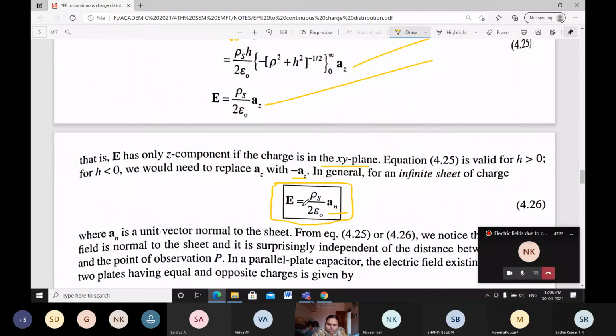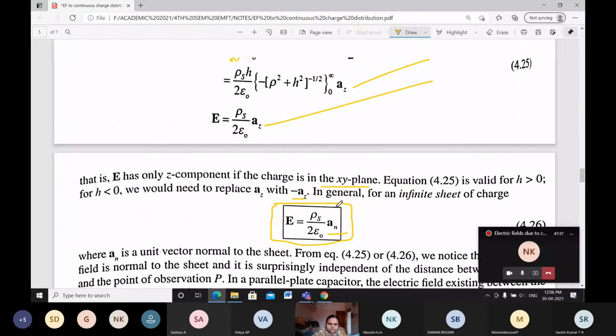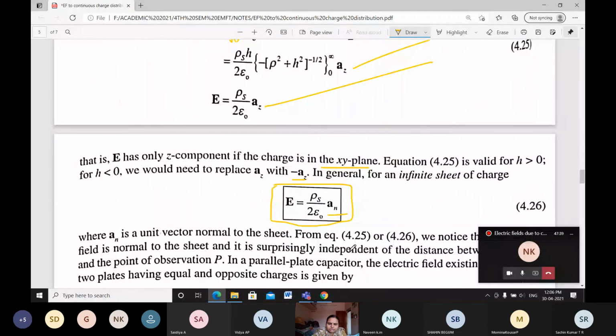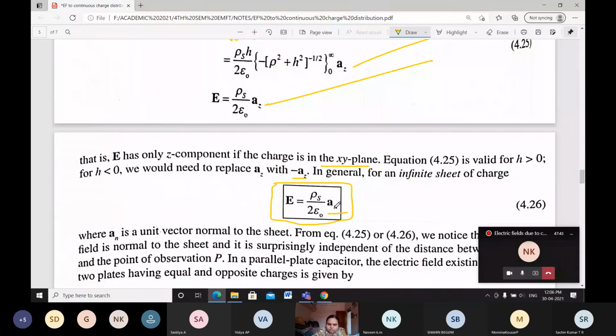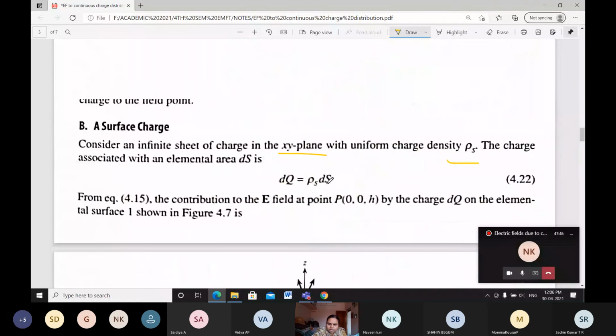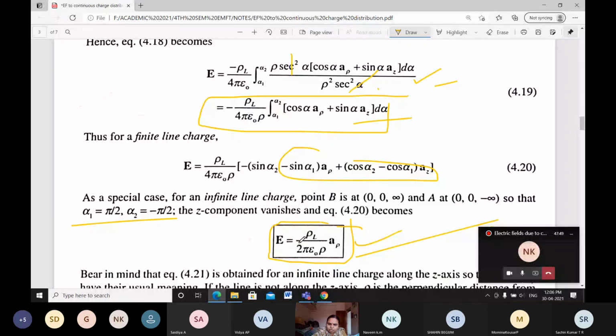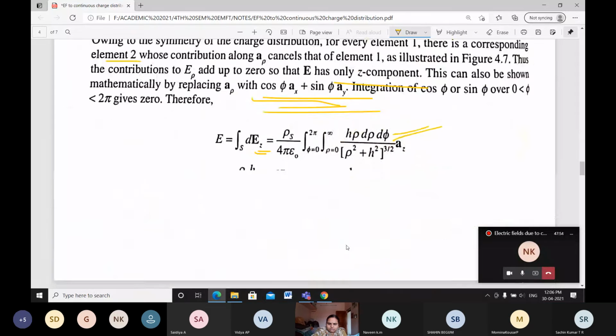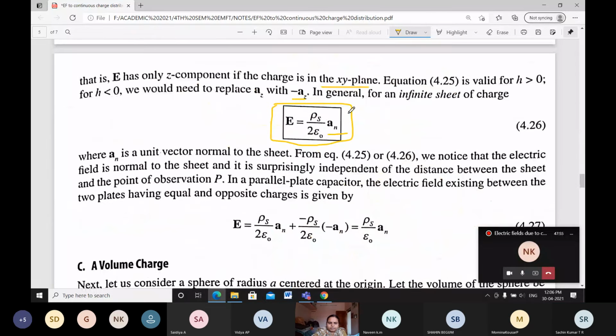This is for our surface charge distribution: rho s divided by 2 times epsilon naught into the unit vector. For a line charge, it is rho l divided by 2 pi epsilon naught rho into a rho. These equations are very important. Here an is the unit vector normal to the sheet.